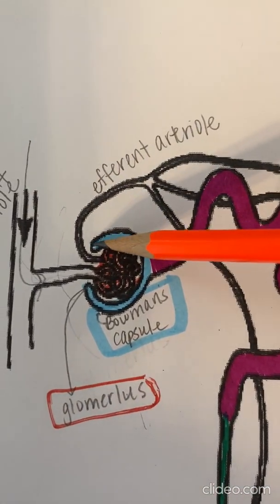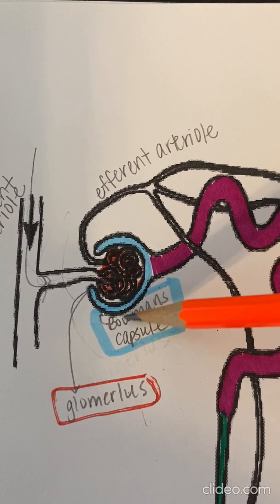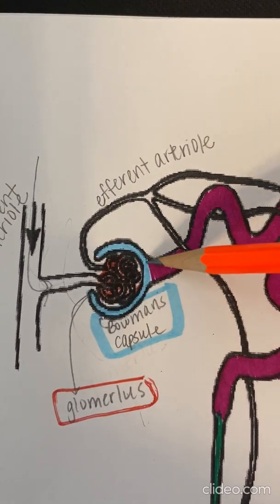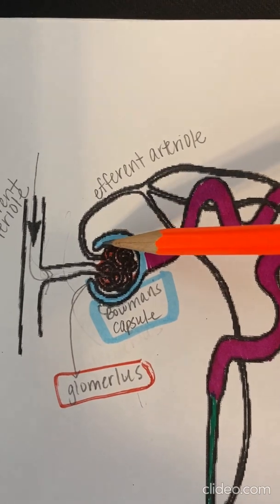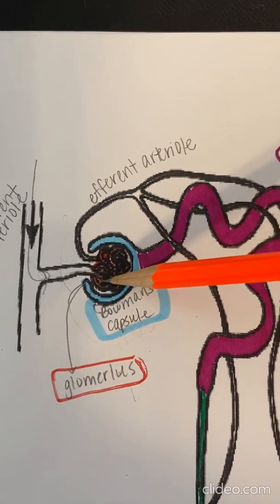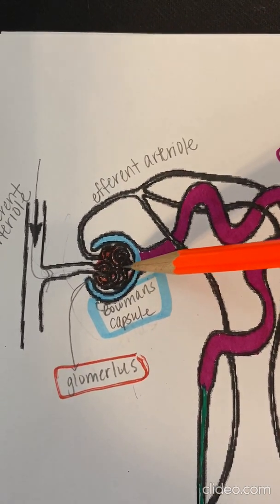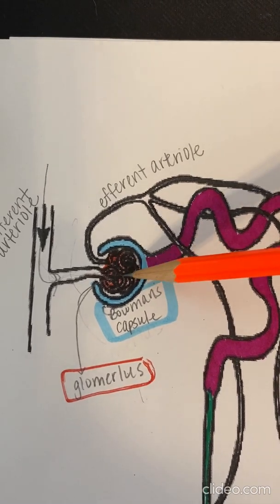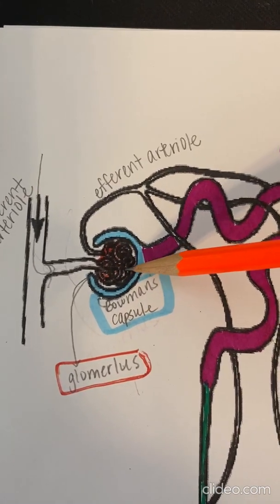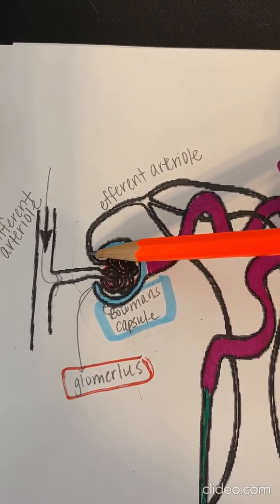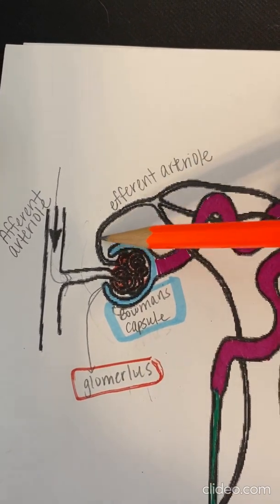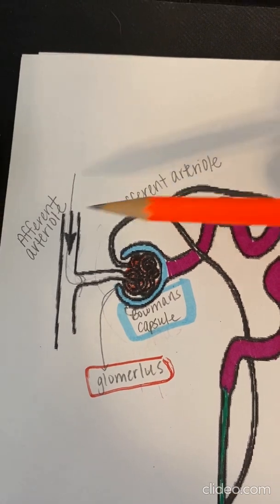The glomerulus is surrounded by Bowman's capsule. That's what this blue thing is, and I'll go over what all of these structures do. Filtration happens here. Once the blood has been filtered, it goes back out of the glomerulus into the efferent arteriole.